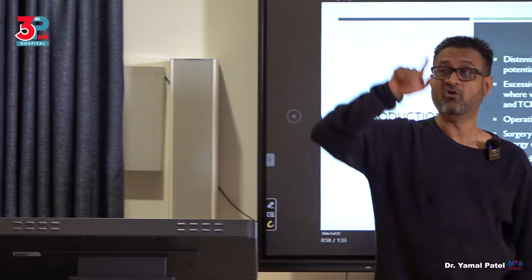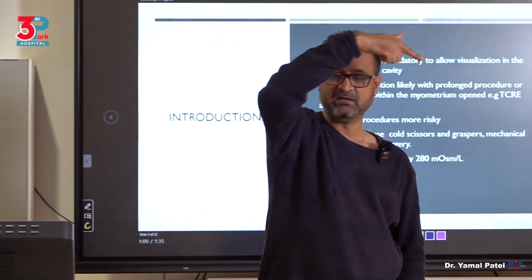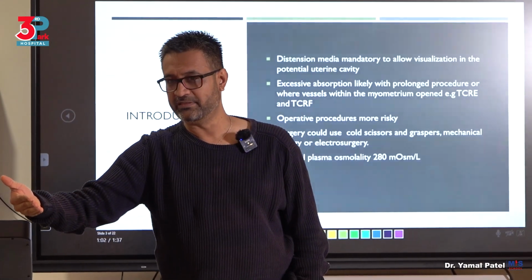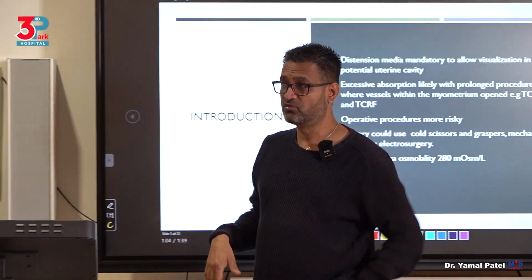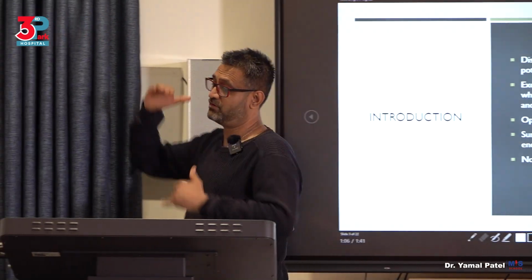We have to understand that because it's a potential cavity and you're distending it, you can get absorption of this media through the walls of the uterus, through the openings of the ostia, through the open vessels that could be there. You've understood? Through a wall that you are now going to be cutting. Let's say you're resecting the fibroid. When you cut in, you will push fluid through there.